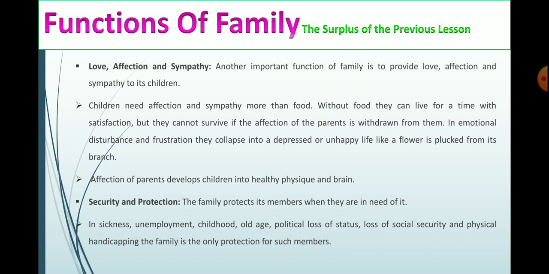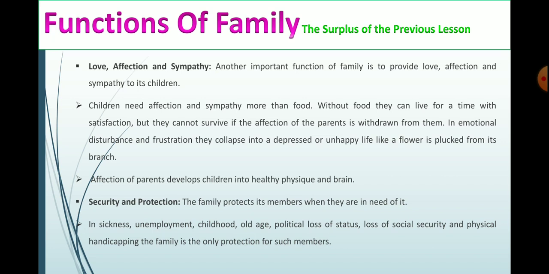If parents do not focus on loving their children, being kind to their children, and showing their affection and sympathy, then their children will face many social problems.